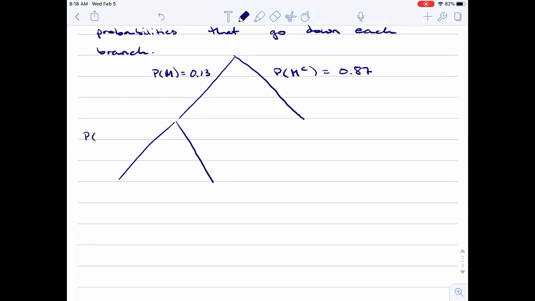Down here, this is the probability of F, but to end at this branch, you have to have had an A on the midterm. So this is technically the probability of F given M, which is 0.47. The probability of not F given M is 0.53.